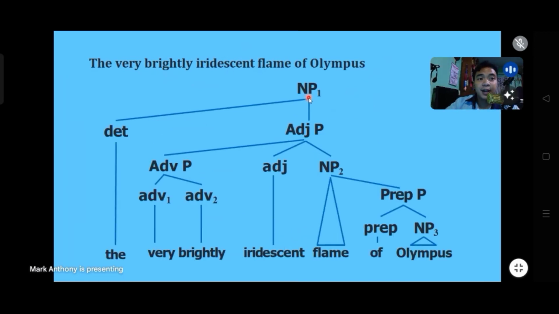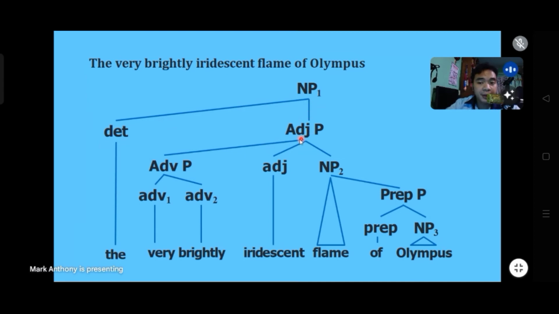So let us analyze the structure of this sentence. Let's start with this noun phrase, which has a subscript number 1, which means it is the first noun phrase we have in the sentence. And here we have the word the, which is the determiner in the sentence. And then we have the adjective phrase.